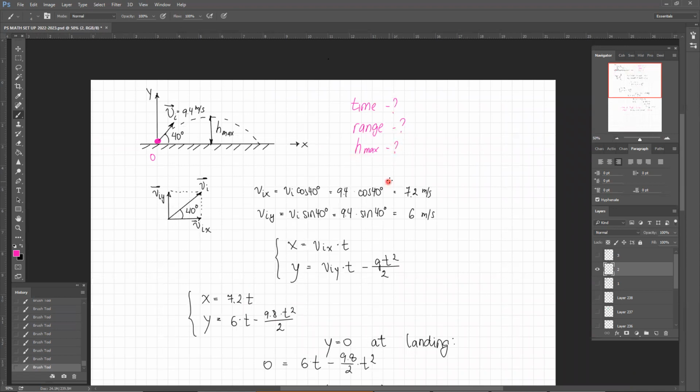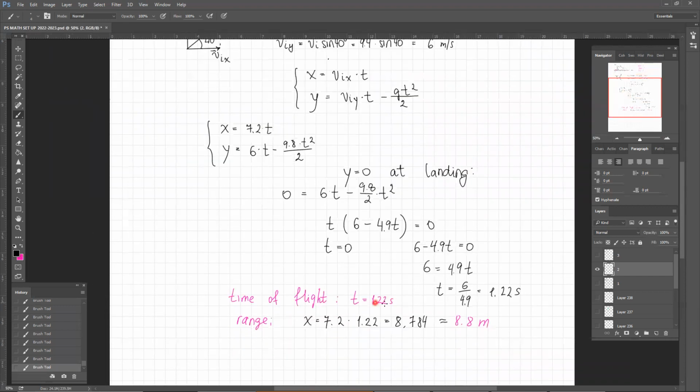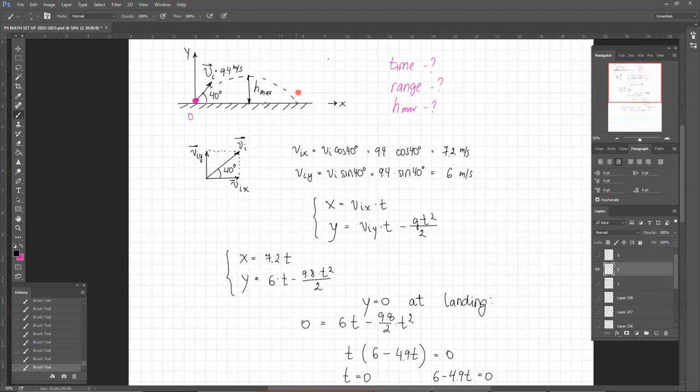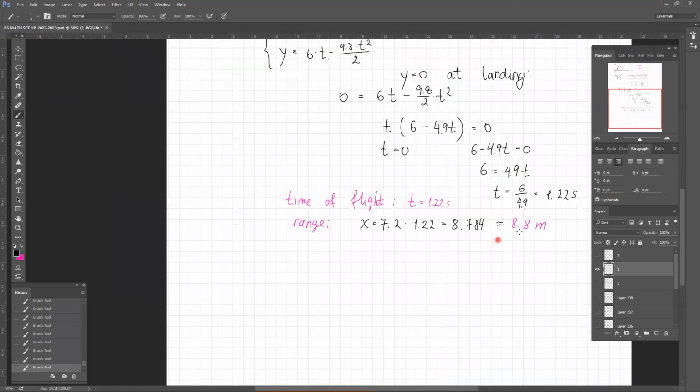There probably are many ways to do that. I'll show you one kind of very tricky one, but at the same time it is easy. Look at this. The ball started from 0, landed here in 1.22 seconds. So clearly the maximum height happened at half time. So we need to divide 1.22 by 2.